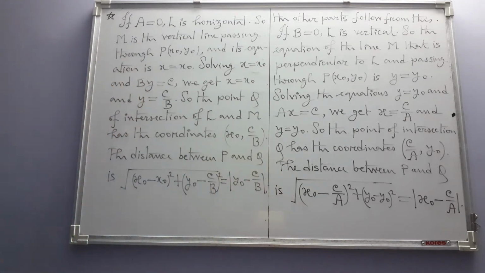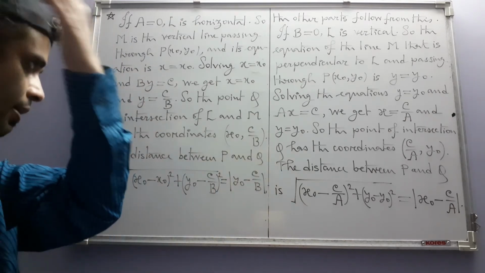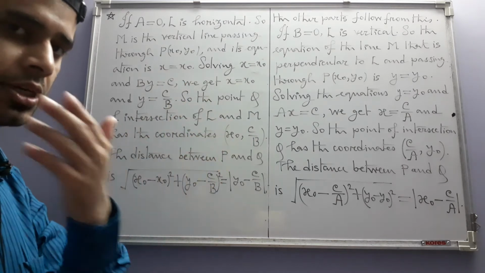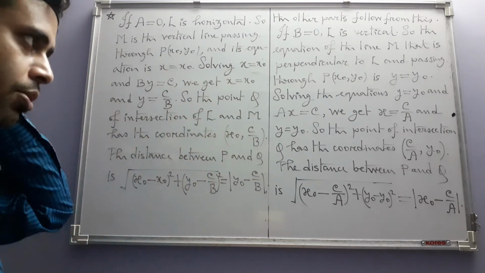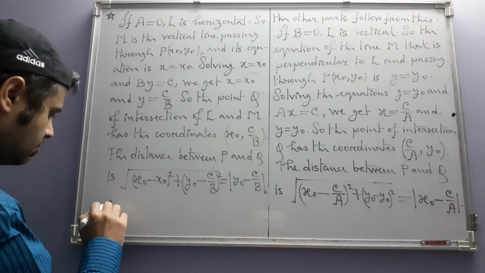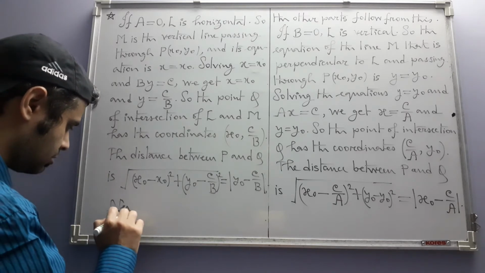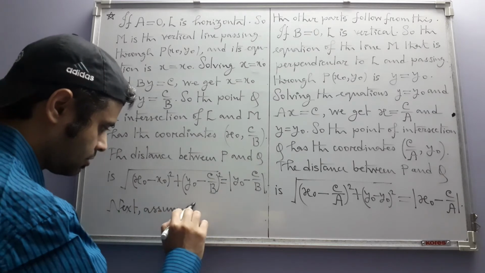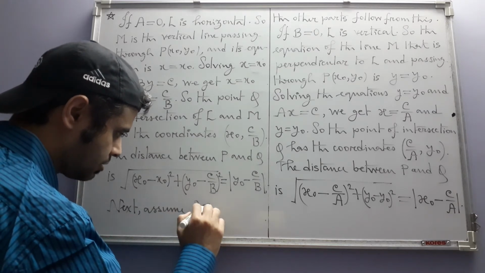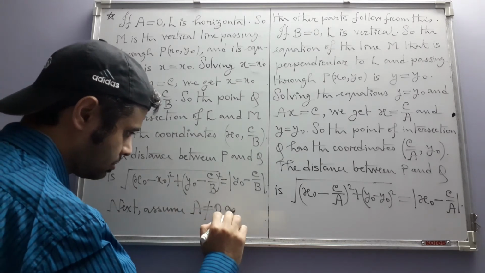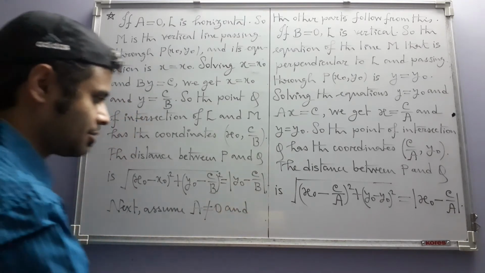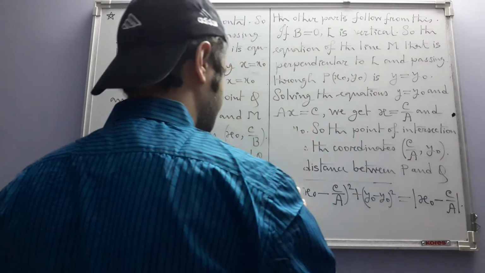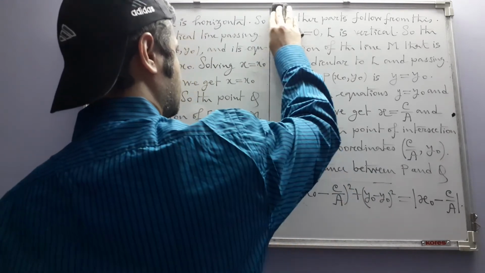Now we can consider the case where neither capital A nor capital B is 0. Both are non-zero. Next, assume that A is non-zero and B is also non-zero.